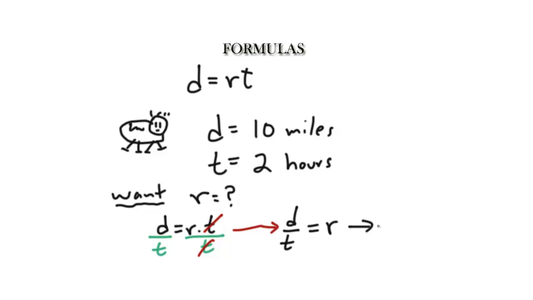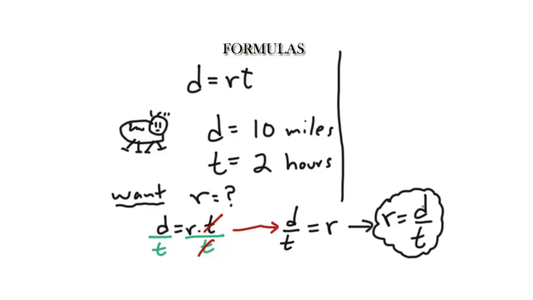So now I'm just going to rearrange it here. R equals d over t. Okay, alright, so specifically looking at the example we have here, we can actually plug in what d is and what t is and find the average speed for this creature, right? So let's figure it out. So here we go.